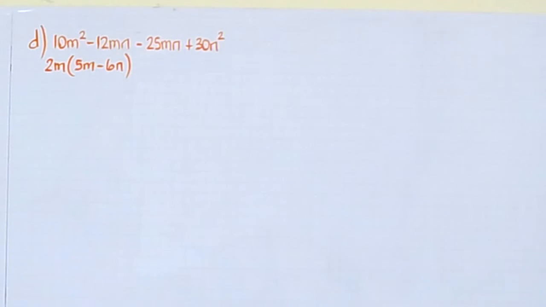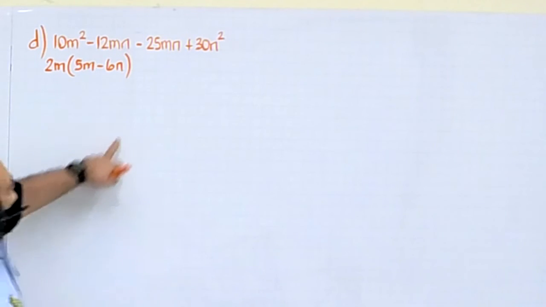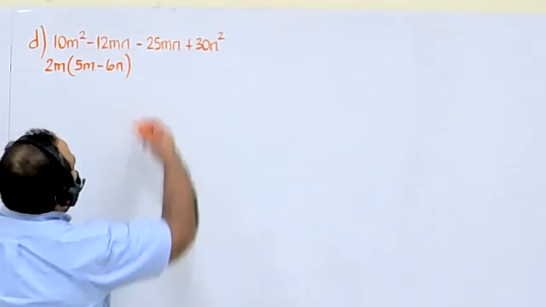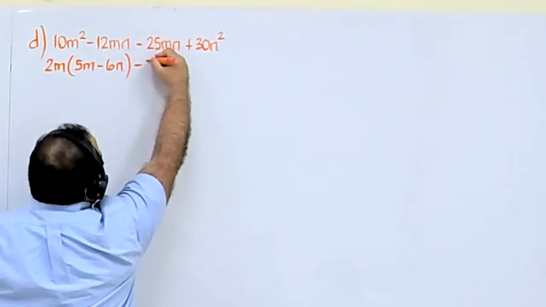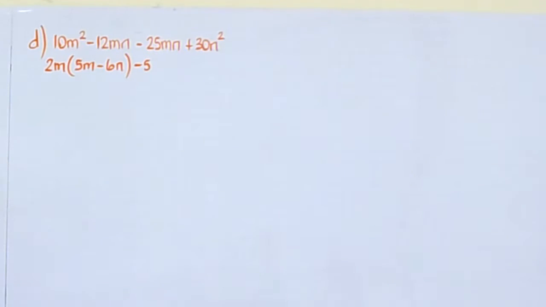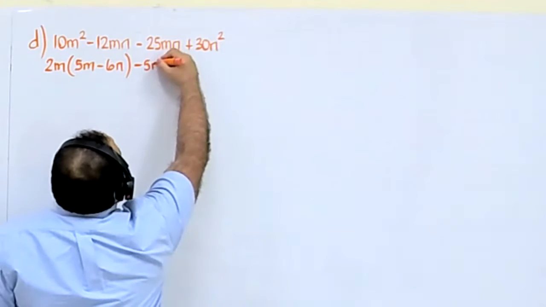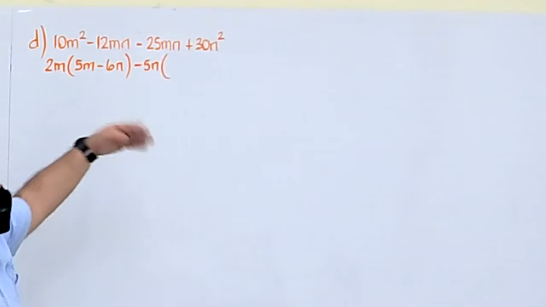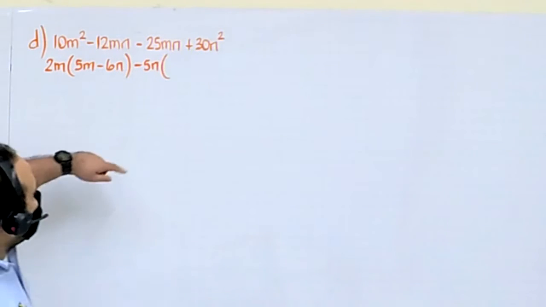Now, in the second one, the common factor between 25 and 30 will be the number 5. And because we have a negative sign outside, I'm going to copy the negative sign in the number 5. How about the letters? In the letters, what will be the common factor? The letter n, right? Because n is present in both 25 and 30. All right, perfect. Open parentheses, and now let's proceed to perform the same situation.